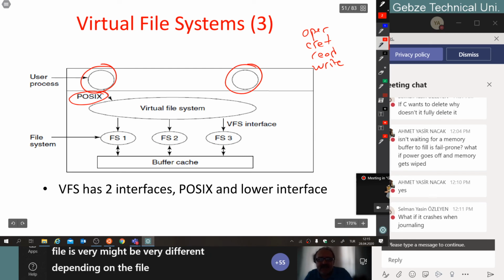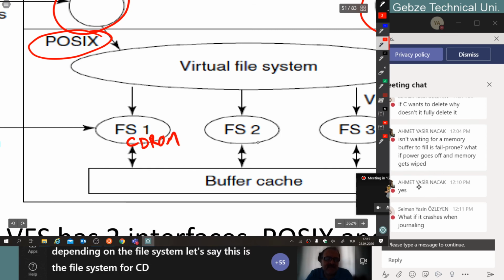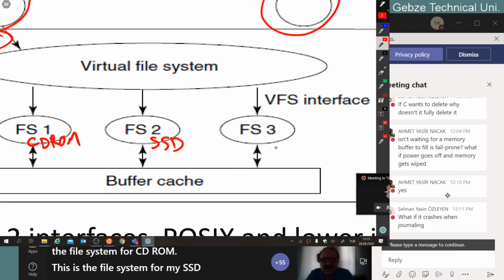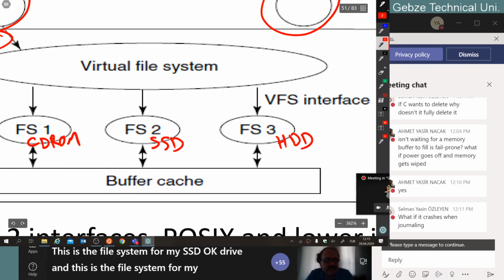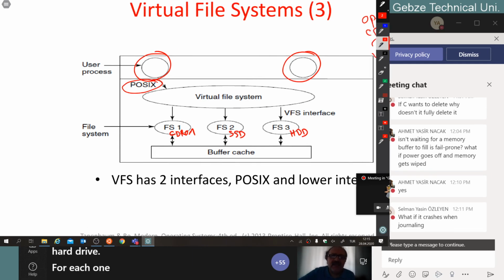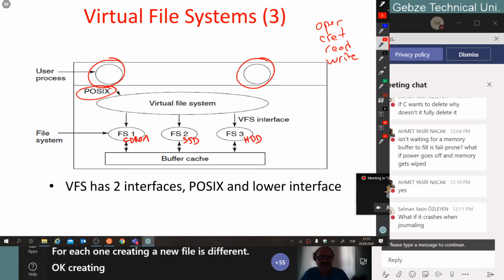Let's say this is the file system for CD-ROM, this is the file system for my SSD drive, and this is the file system for my hard drive. For each one, creating a new file is different. They are using different file systems.